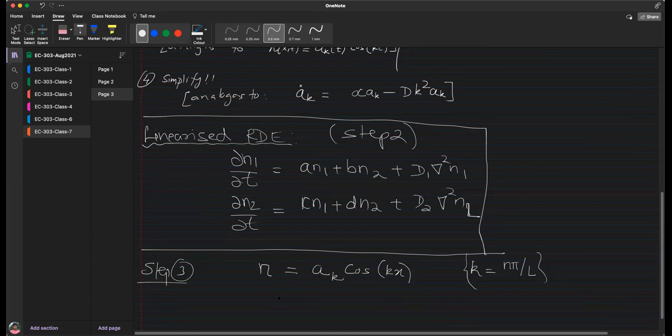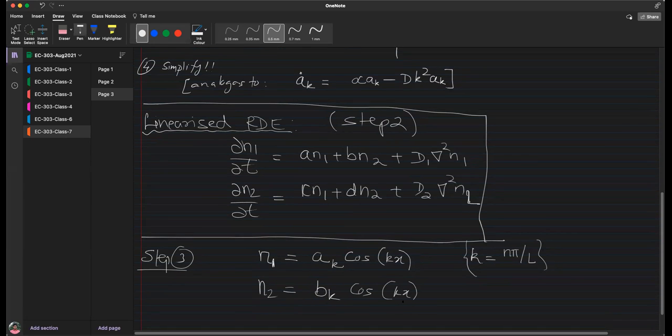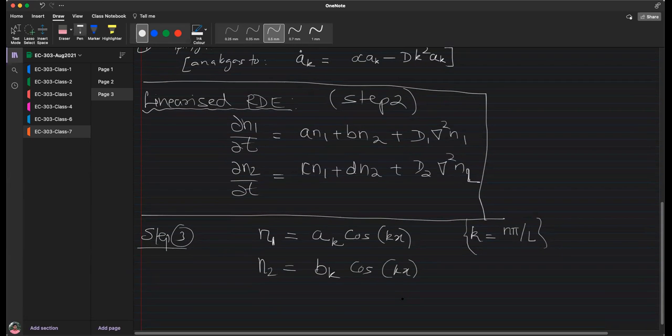So now we have two populations, N1 and N2. Let's write N1 as a_k times cosine kx and N2 as b_k times cosine kx. The perturbation is the same mode for both N1 and N2, but the amplitudes can be different. Is that fine? This was one key innovation you had to do in your step 3. How do I write down two perturbations now?